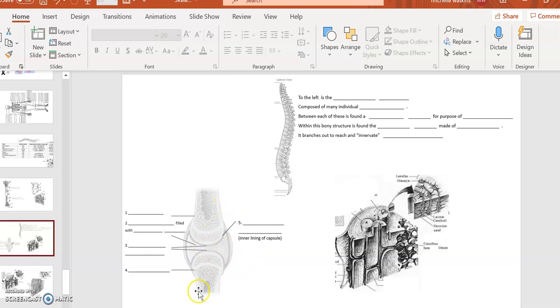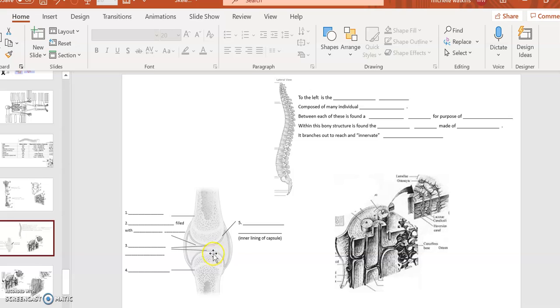And here is our synovial joint, right? So this label might not be very clear. I'm trying to point to the inner lining of the capsule. That inner lining is synovial membrane, and synovial membrane secretes synovial fluid. So this one here, number 2, is meant to be the joint capsule filled with synovial fluid, right?